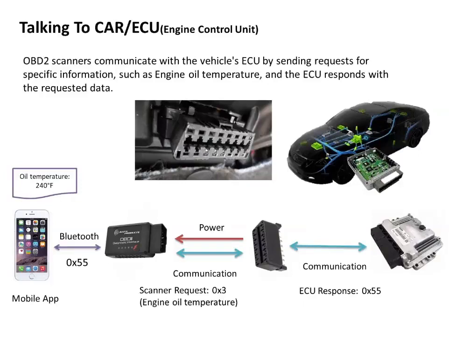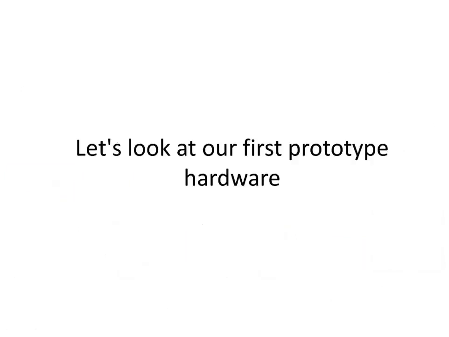There are many sites that tell how to decode the ECU's responded data. So inside the mobile app we will decode the data. For example, 0x55 means a temperature of 240 Fahrenheit. So these are the basics which we wanted to cover.